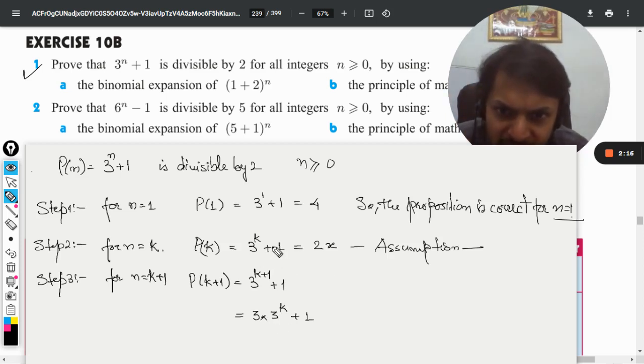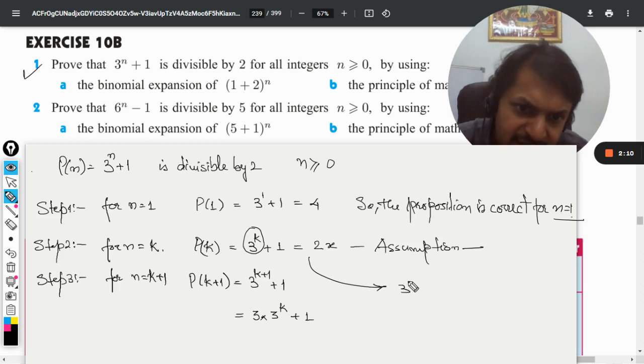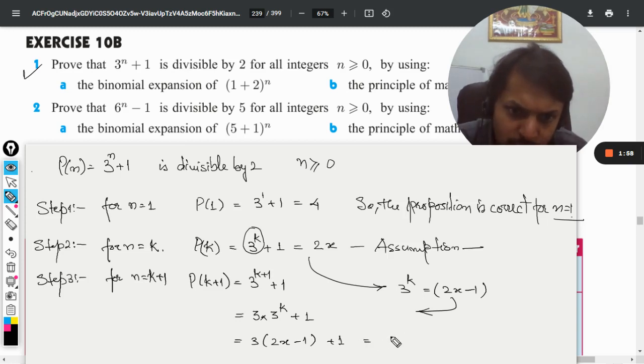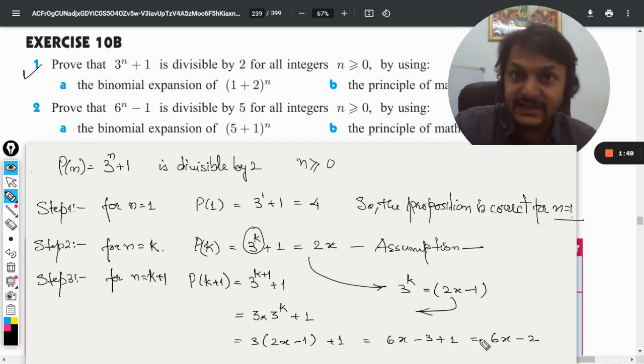And now I am going to take this value 3 raised to power k from here. I will say that 3 raised to power k can be taken as 2x minus 1. I am going to substitute this equation here: 3 times (2x minus 1) plus 1. Now multiplying 3 through, it is 6x minus 3 plus 1. So it is coming out to be 6x minus 2. And yes, now we can take 2 common out of this.